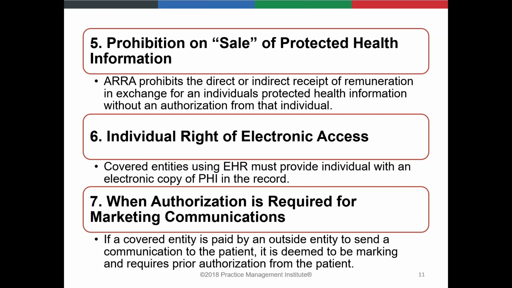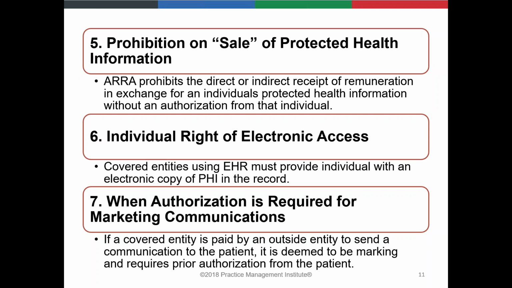So if you're using EHR, you as a covered entity must, on request, provide the individual with an electronic copy of their PHI, which means that you're technically supposed to have a patient portal so that electronic paperwork can be securely transferred over to the patient.